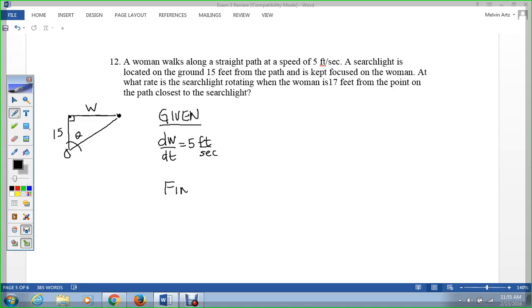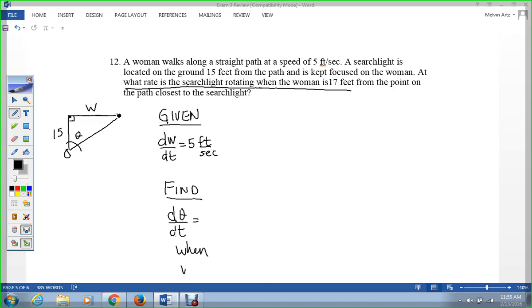What are we trying to find? We're trying to find the rate at which the searchlight is rotating. So that indicates we're looking for the rate of change of the rotation of this searchlight. I'm going to label that as d theta dt, where theta represents the position of the spotlight. And we are trying to find this when, it says, the woman is 17 feet from the point on the path closest to the searchlight.